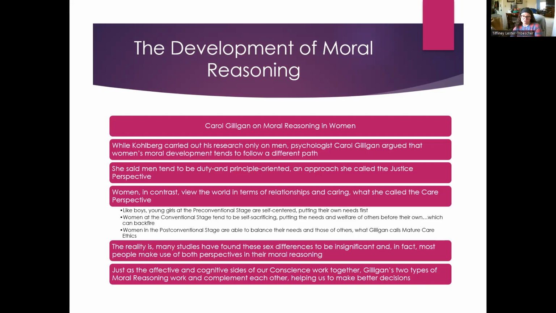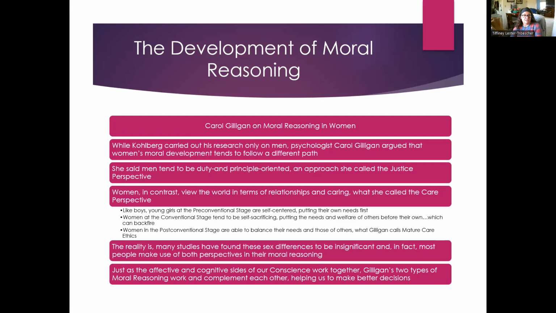So her stages, there's just 3 stages. In the pre-conventional stage, she is saying that young girls, just like young boys, are self-centered, putting their own needs first. So there actually wasn't much of a gender difference there. At the conventional stage, though, Gilligan said that women tend to be self-sacrificing, putting the needs and welfare of others before their own, which can backfire.